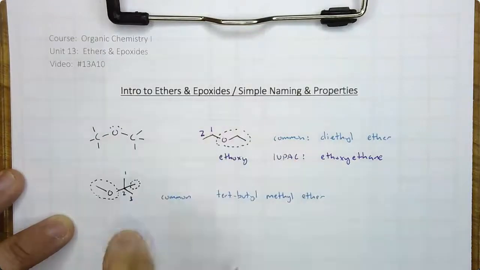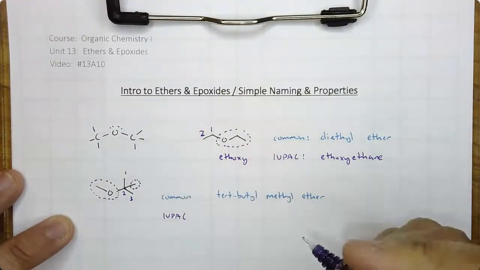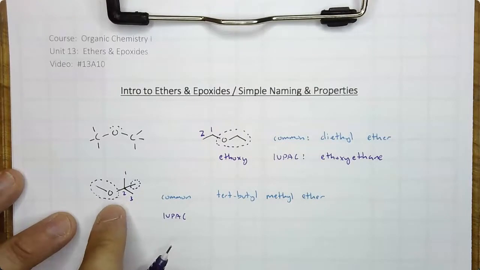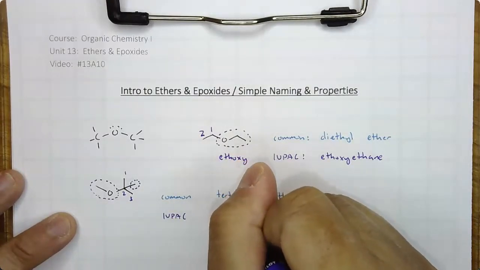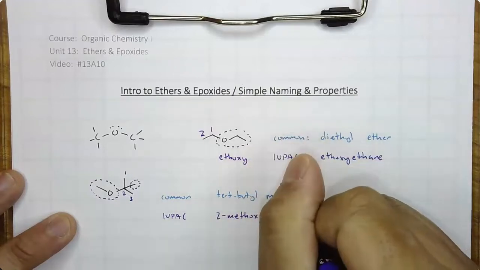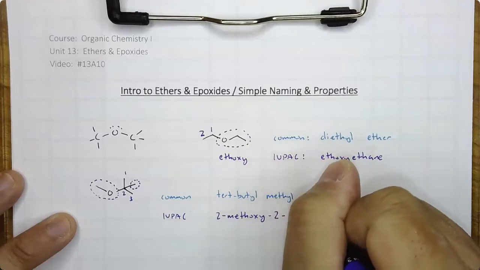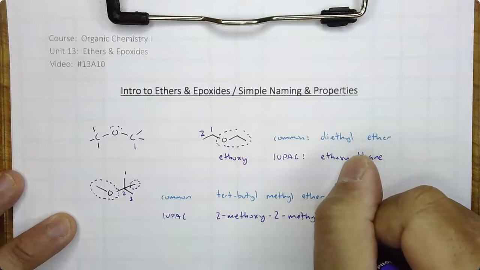And then we have another substituent, a methyl group. You want to alphabetize your substituents. We have a 2-methoxy versus a 2-methyl. I think this is 2-methoxy, 2-methyl, no space, propane.